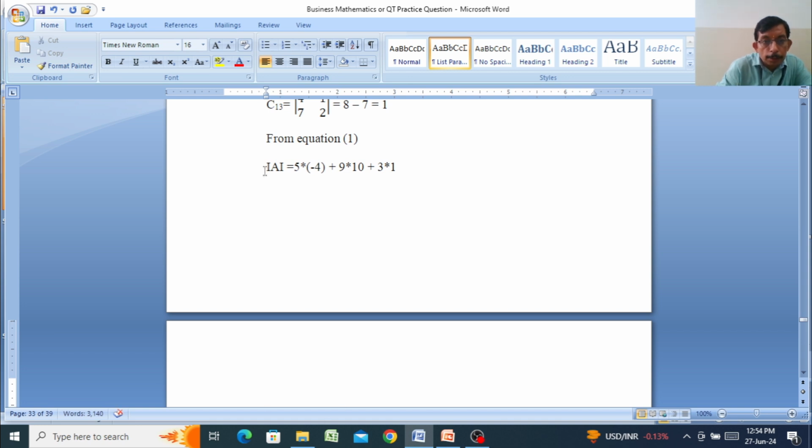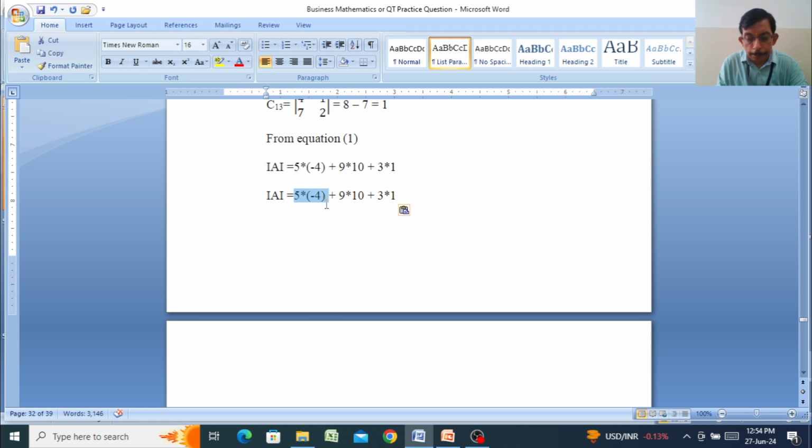Now solve the value. 5 times 4 is 20, minus 20. 9 times 10 is 90. Note down 90 here in the same position. 3 times 1 is 3.